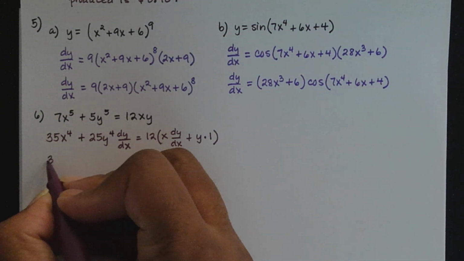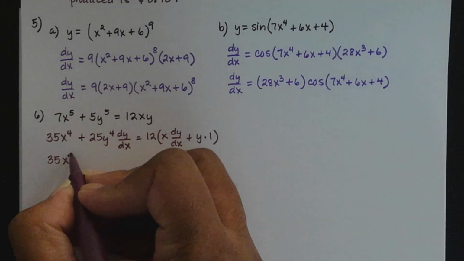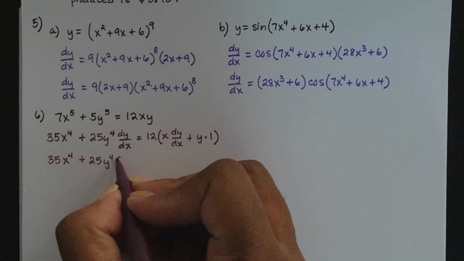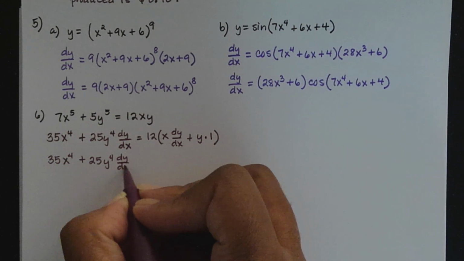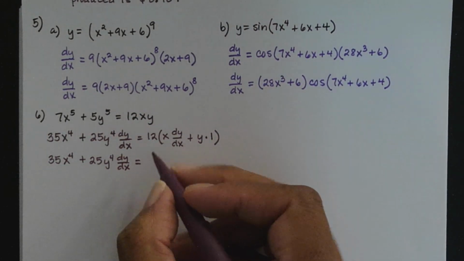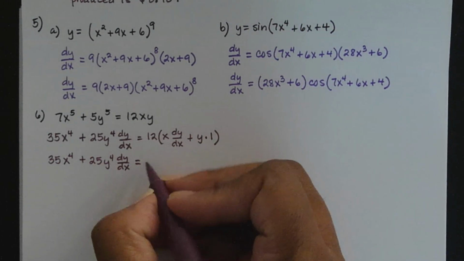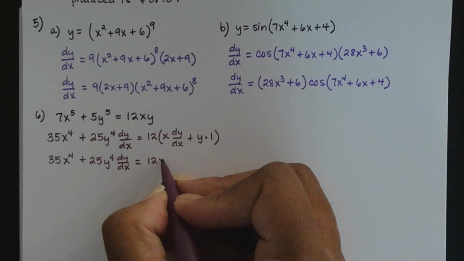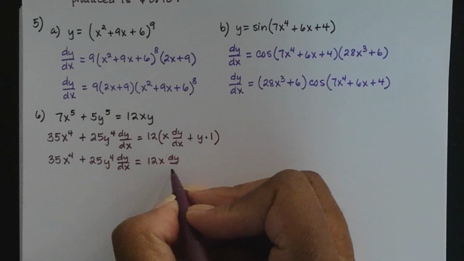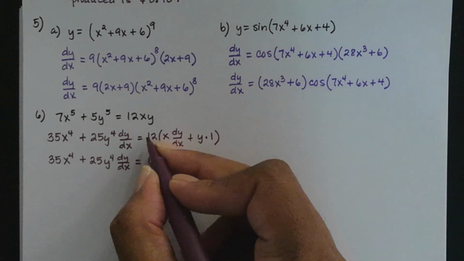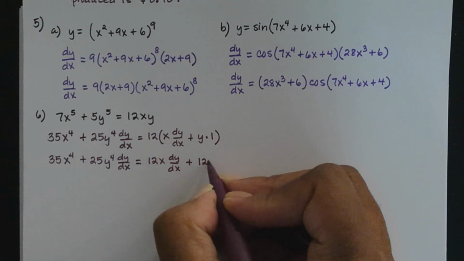Okay. So now I got 35x to the fourth plus 25y to the fourth dy/dx. And I would go ahead and distribute the 12 over everything in the parentheses. So 12 times x dy/dx will be 12x dy/dx plus, well, y times 1, that's y times that 12 in front would be 12y.